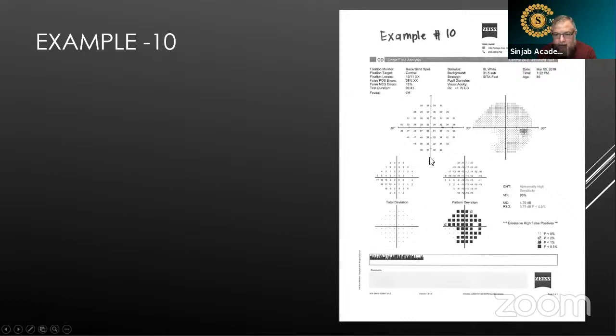This is why there is white area. Exactly, unreliable. See where the white scotoma is? Look at the numbers there: 45, 47, 48. It's like high numbers. And then look at GHT. See, it didn't give us outside normal limits. It says abnormally high sensitivity.